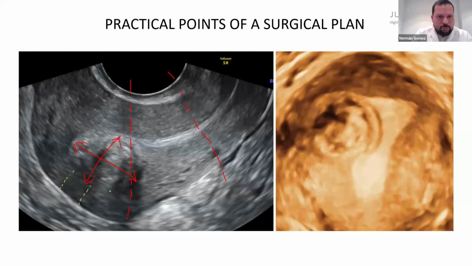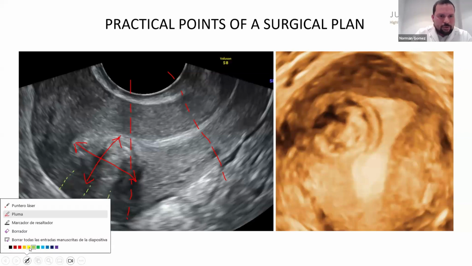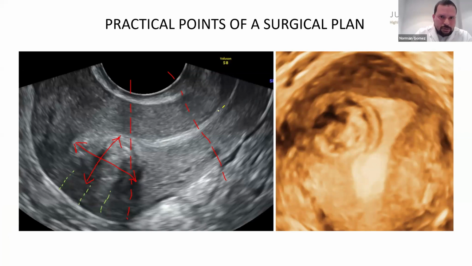This is another important point because during the surgery, we need to approach along this line, because we need to attack the pseudocapsular plane to detach the myoma from inside. So this is important, because we can go with confidence during the surgery.